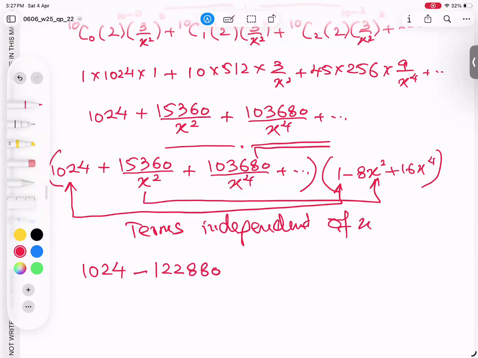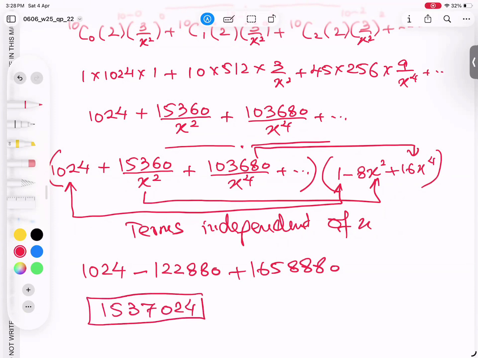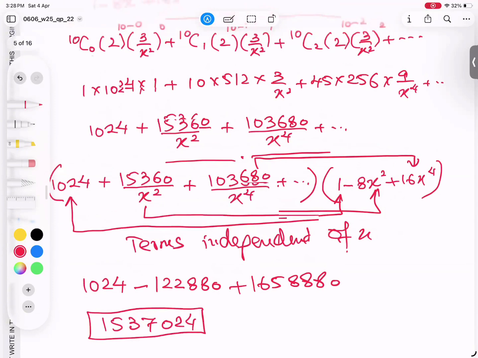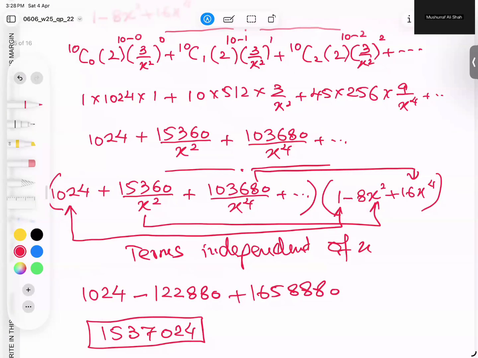Now this term multiplying with the last term, the x to the power 4 will cancel out. 103680 times 16, and I get a positive 1658880. And I'm going to solve plus 1024 minus 122880 plus 1658880, and the answer turns out to be 1537024. This is called the term independent of x. I hope the concept is clear.